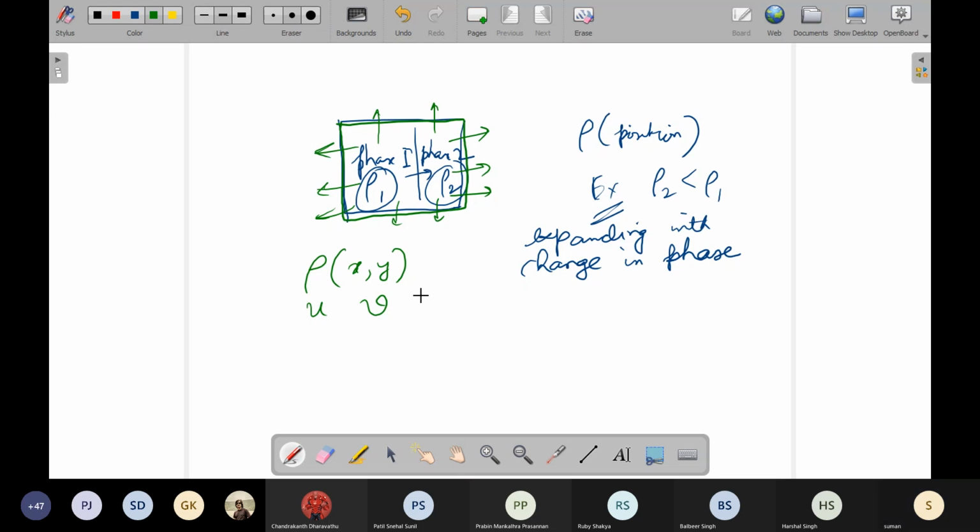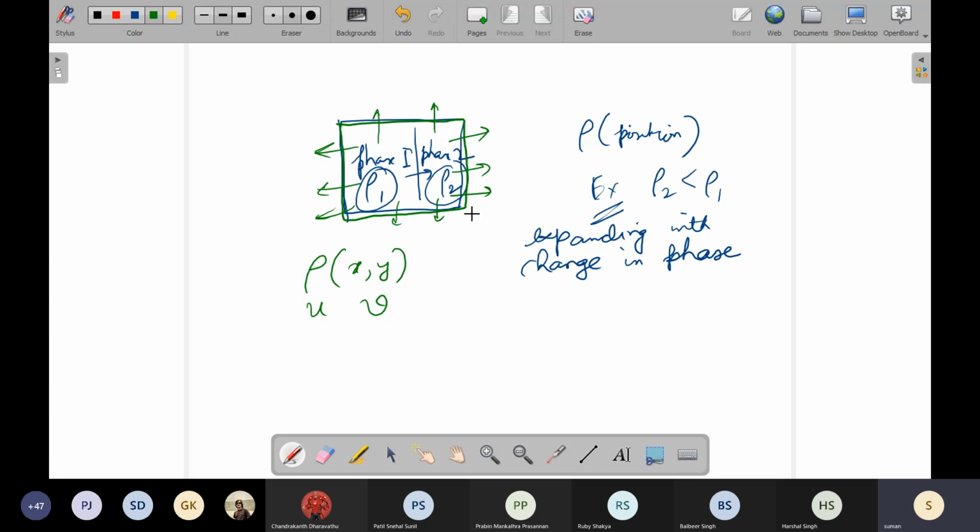But in totality, these individual phases of this fluid may be representing incompressible phases. See, this does not guarantee that they are incompressible phases.